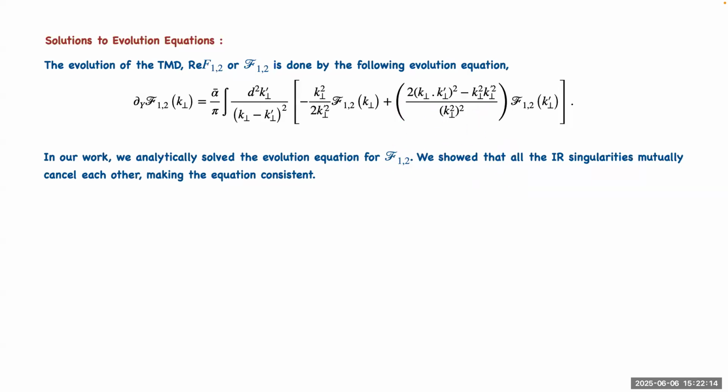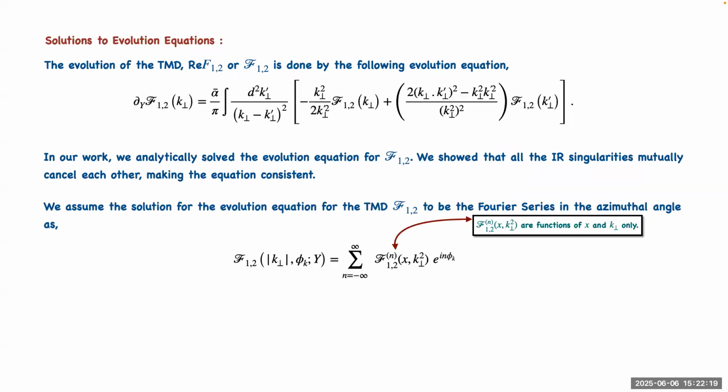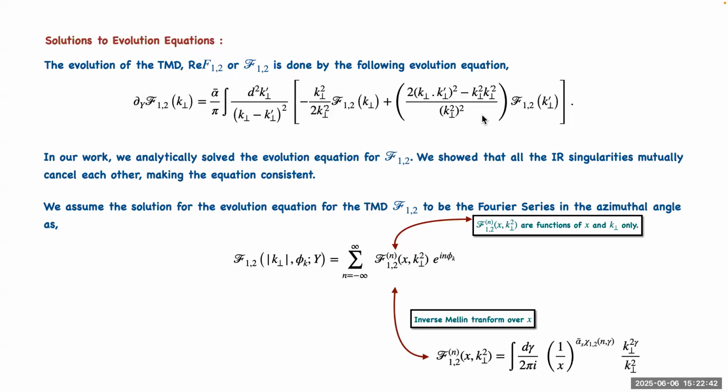In my first work, I analytically solved this evolution equation. For that, I assumed the structure of F12 of this form: it has some x dependence, which is the Bjorken variable, a transverse momentum dependence, and a phi dependence. The phi is the angle between delta and K. I took the inverse Mellin transform of F12 and I am left with the final expression for F12.